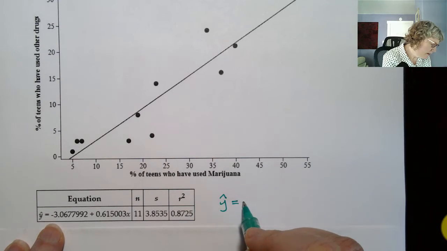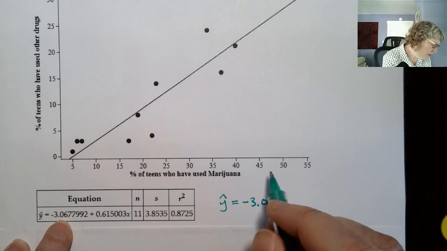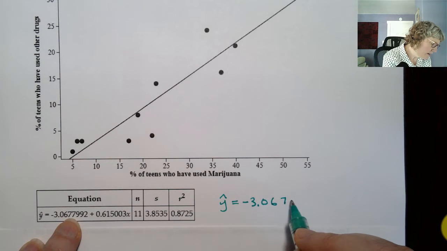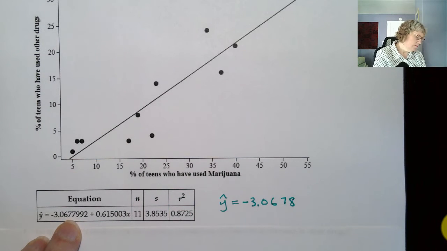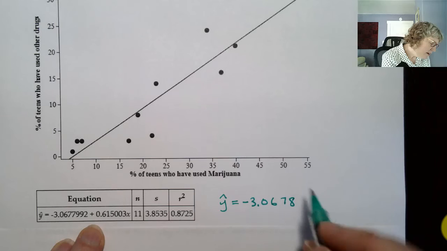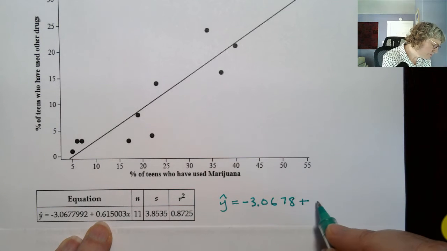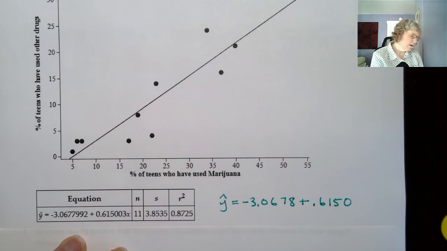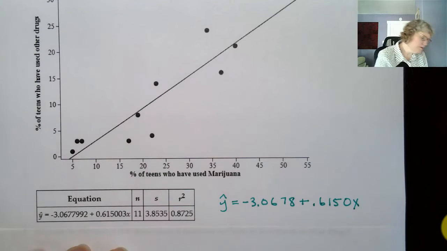I would write negative 3.06, let's see, 0.678. Negative 3, I'm not used to having something before. We've been doing so many probabilities. I'm not used to having a number in front of the decimal. Plus 0.6150, okay? X. We do need the variable in there.